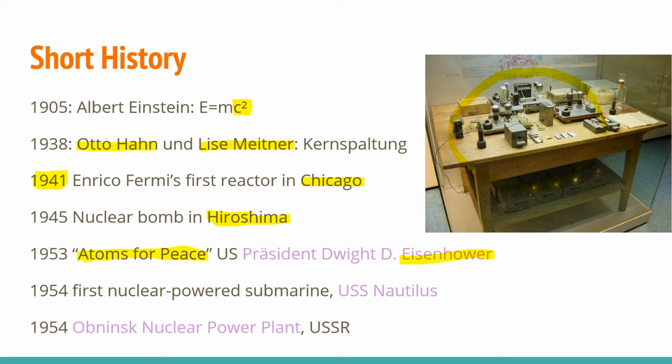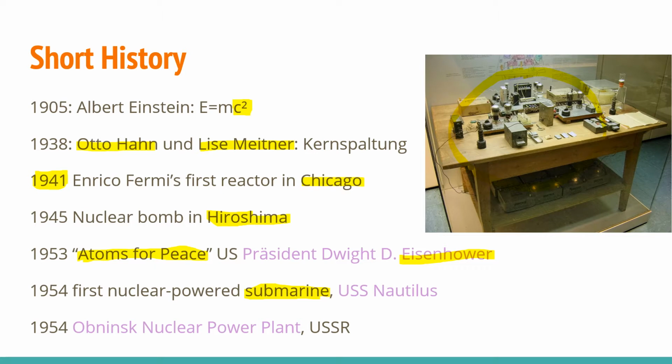And just the next year, the first nuclear-powered submarine started. Nuclear-powered submarines make sense because with a submarine, usually you have real trouble driving the engine. Down there is no oxygen, so you can't use a diesel generator. You have to use something else, and you can use batteries, but batteries don't last very long, and you want to be a long time under the sea surface.